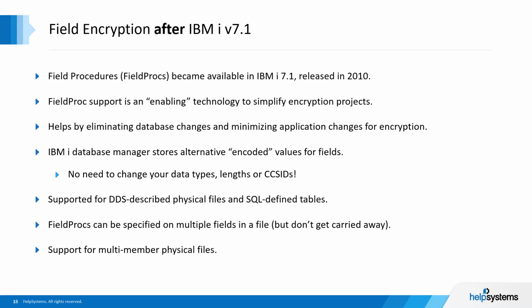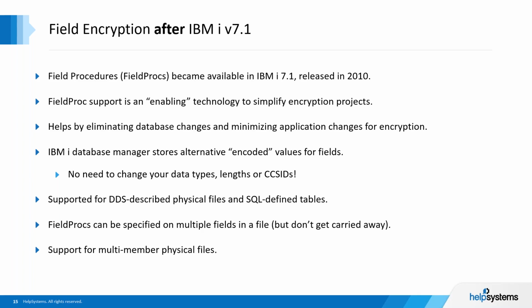We don't want to get too carried away, because each time a record is read, each field procedure has to then be invoked to decode the value. So we don't want to encrypt every field in a file, for example. We want to be somewhat selective based on a level of assignment of criticality to a field. So those things that should be considered highly restricted, for example, not information that would normally be in the public domain.